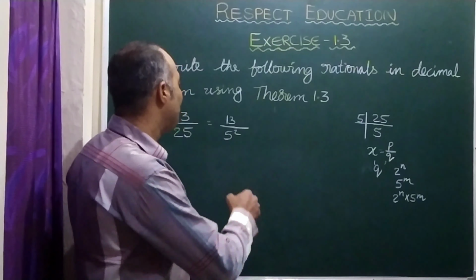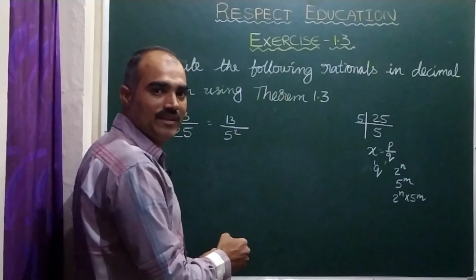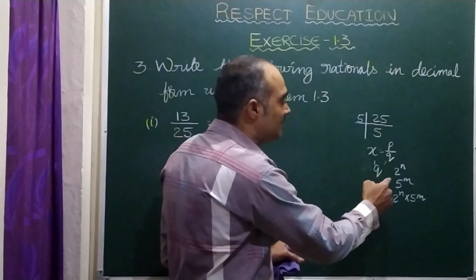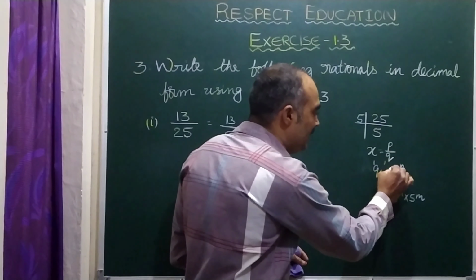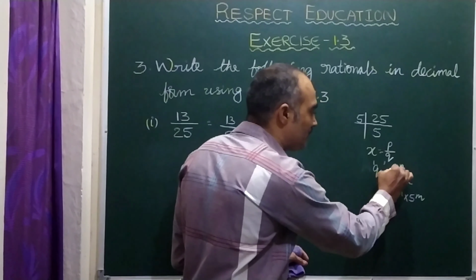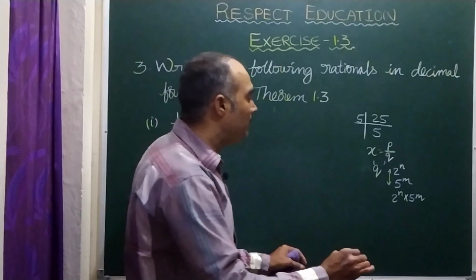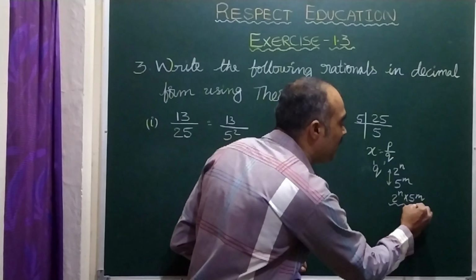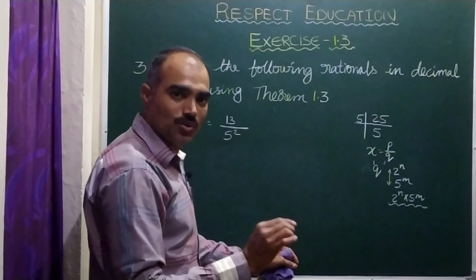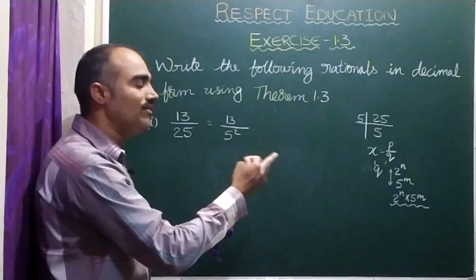Here you observe, children, this is 5 square, right? Whenever 2 and 5 come individually, our prime duty is to make a combination of 2 and 5, so that this can be solved very easily.